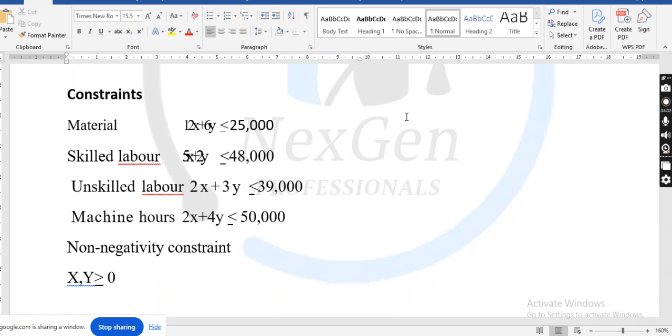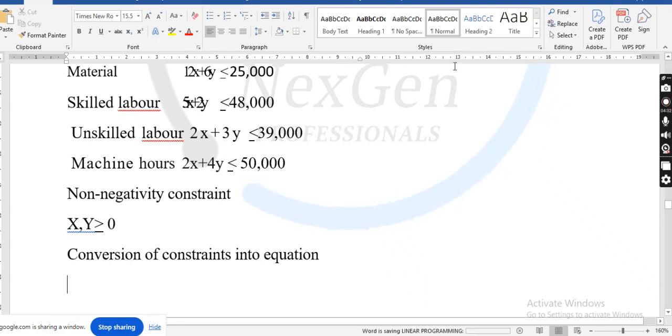Conversion of constraints into equations.